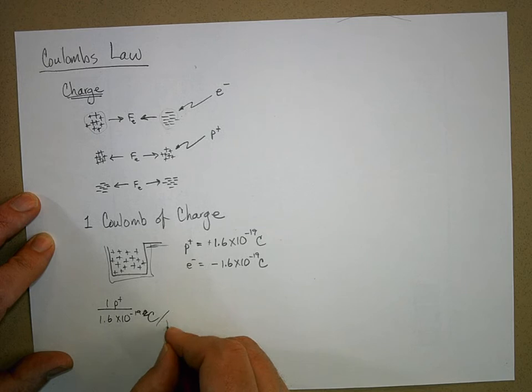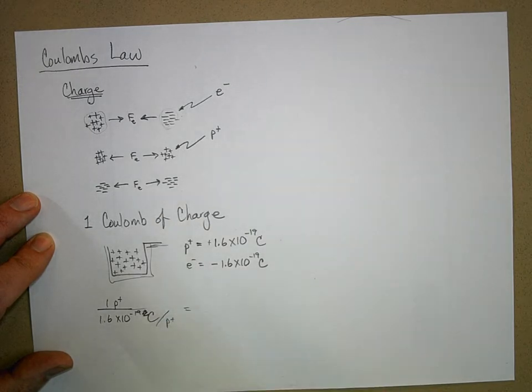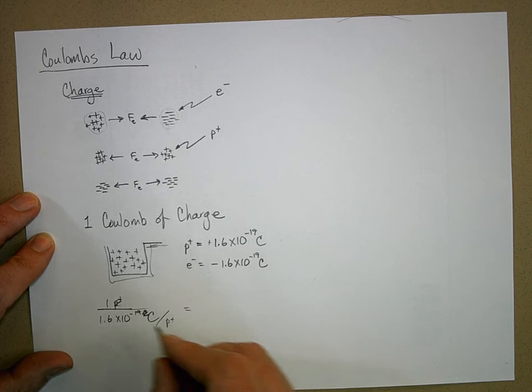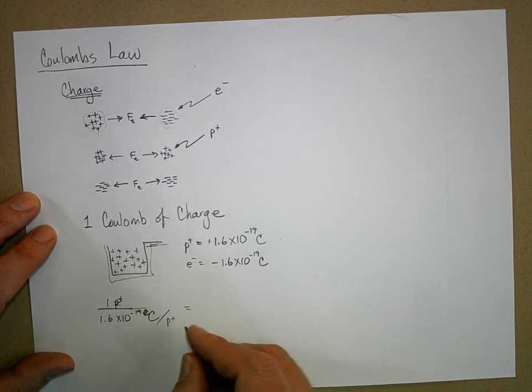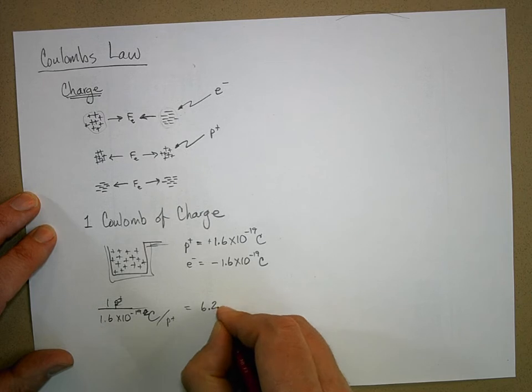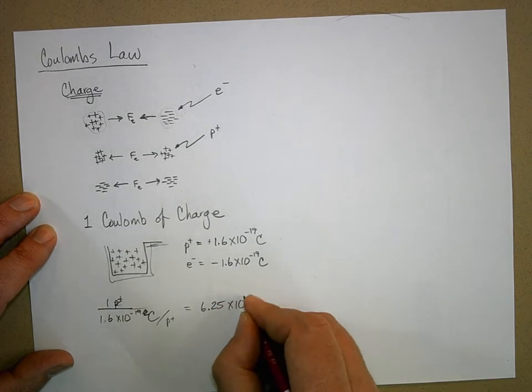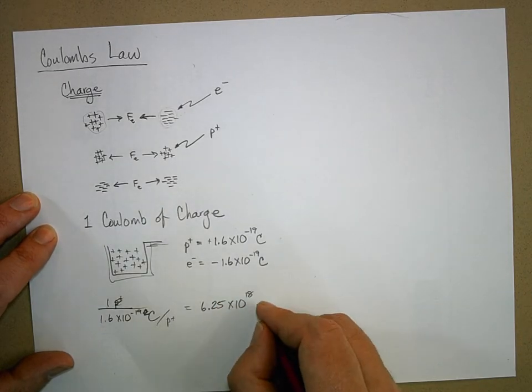Coulombs per proton, okay, you get, when you punch that into your calculator, 6.25 times 10 to the 18 protons.